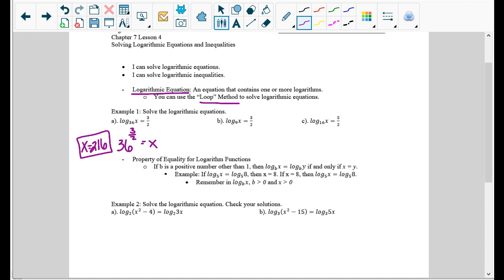So log base 9 of x equals 3/2. Again, if I rewrite this, it's base 9, exponent 3/2 equals x. So when I plug that in my calculator, x equals 27.